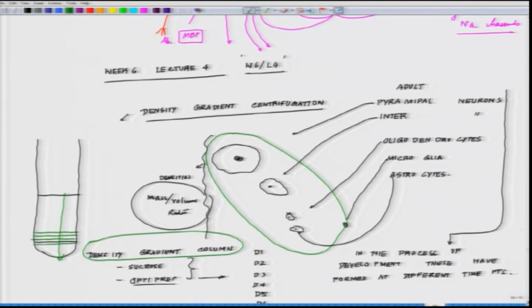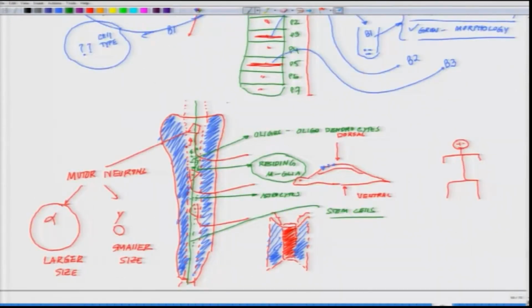But before you do so, you have to first take the embryo and dissect out only this part.